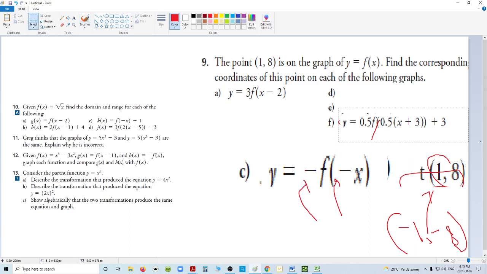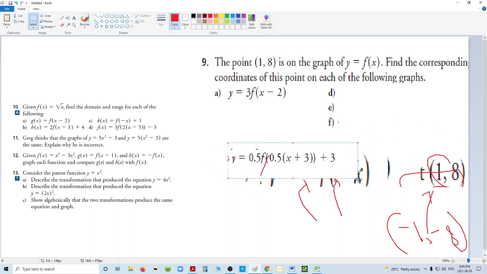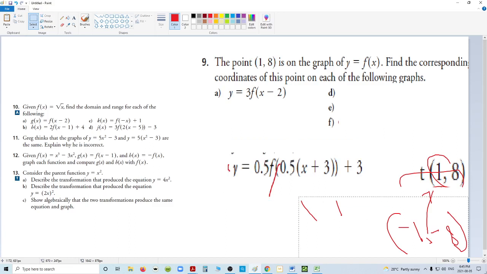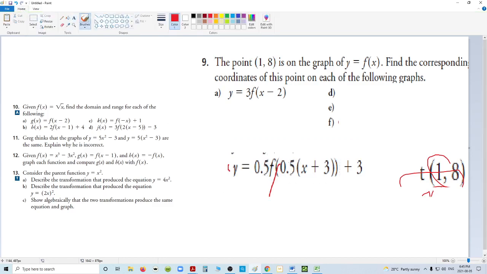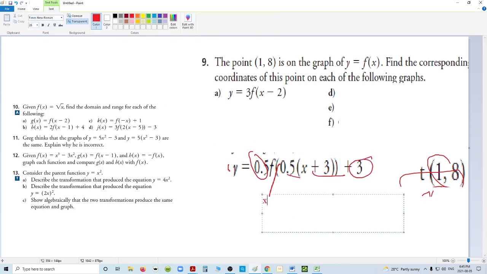And then this last one has quite a few. They're making it tough. You know, they try to get harder and harder in what they do. So I'm going to do, these are all the y's. These are all the y's, and these are the x's. So they got everything in there. So my x values are multiplied not by 0.5, but by 2, which is the reciprocal of 0.5, and then subtract 3, don't add 3.